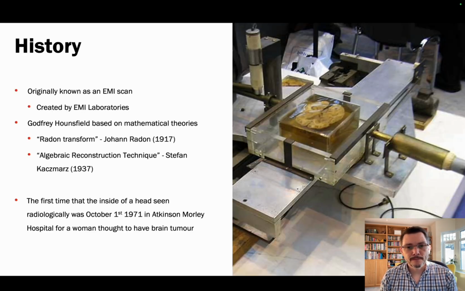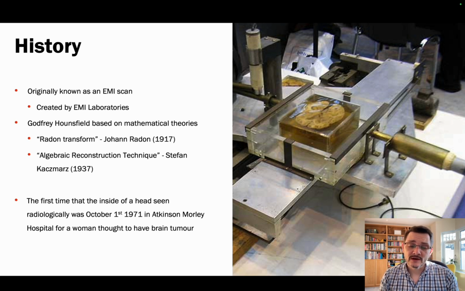Okay. So first of all, you'll see on screen this is the first prototype CT scan. It was originally built by EMI and Godfrey Hounsfield, who was the scientist heavily involved in developing it.